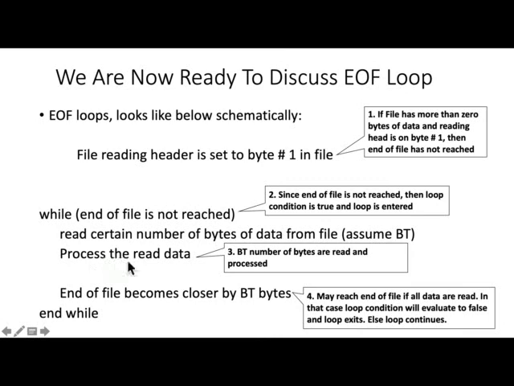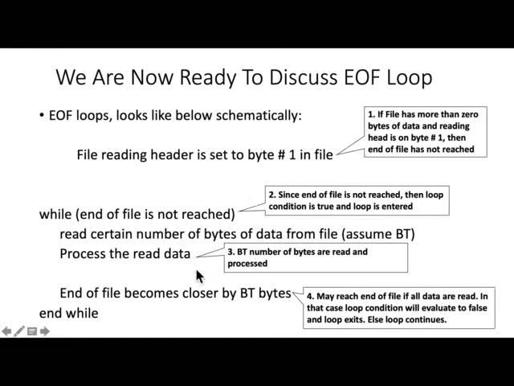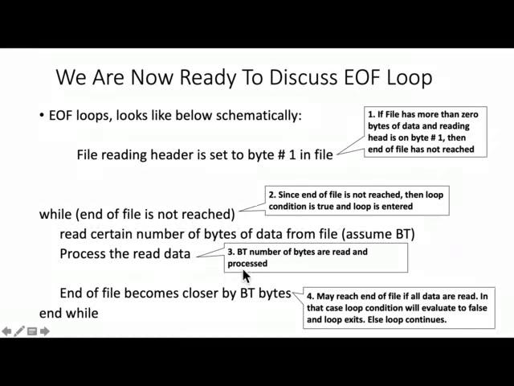Okay, so when you have read BT number of bytes and processed them, you go past that many bytes. That means end of the file comes closer by BT bytes. When this process continues on, and this BT is not a fixed number, sometimes you might read 3 bytes, next time you read 10 bytes.